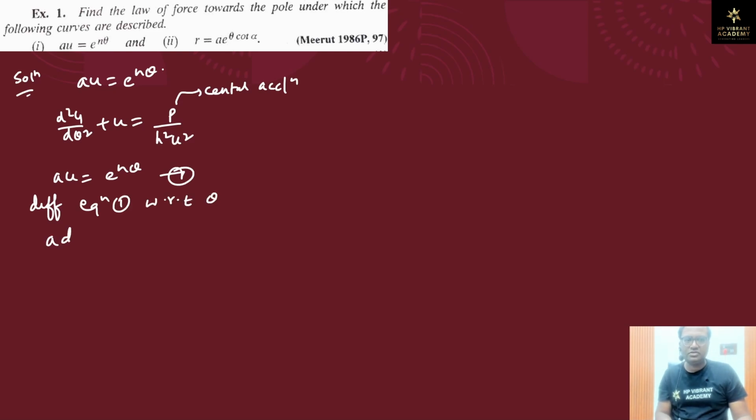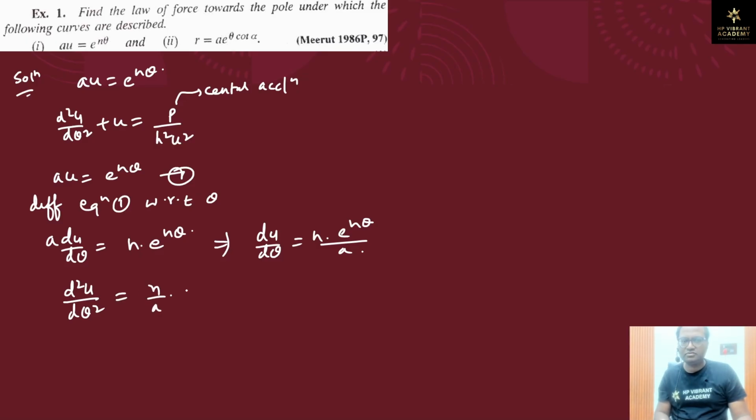So we have a du upon d theta is equal to n into e to the power n theta. From here we have du upon d theta is equal to n into e to the power n theta upon a. Let us further differentiate this. So we have d2u upon d theta square is equal to n upon a into n times e to the power n theta.